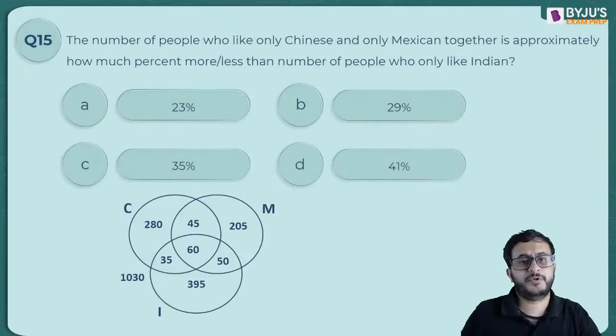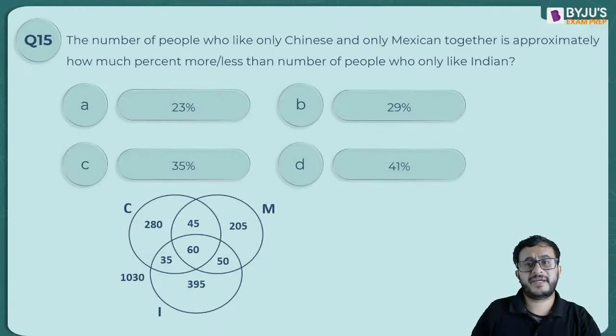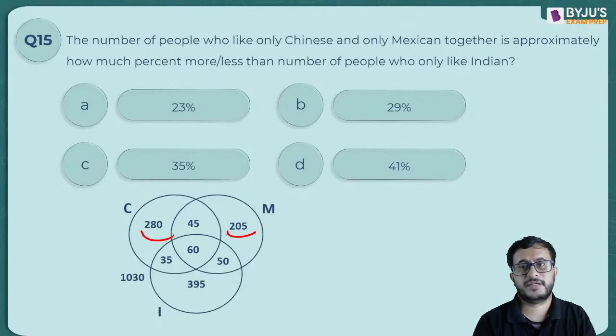The number of people who like only Chinese and only Mexican together, this and this, is approximately how much percent more or less than the number of people who like only Indian?